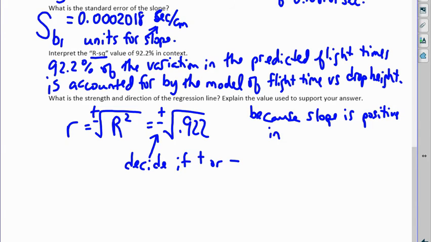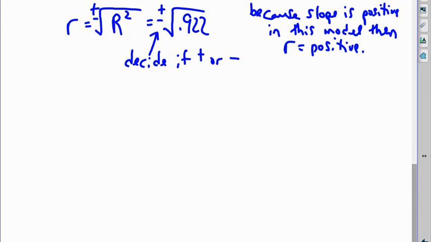In this model, then r equals positive. So we're going to just use the positive value, but you have to watch for if the slope was the negative value. So in my case here, r is equal to the square root of 0.922, which is 0.9602.